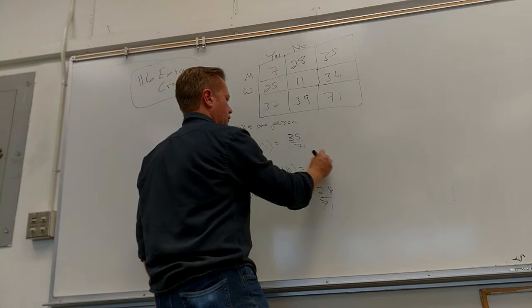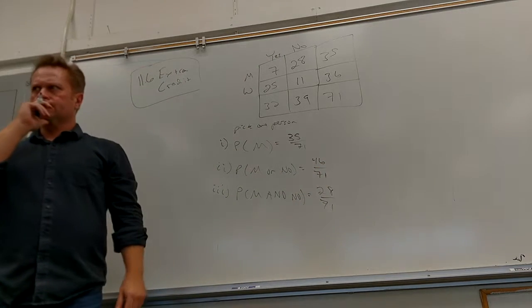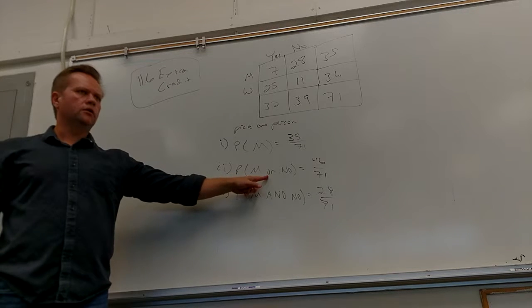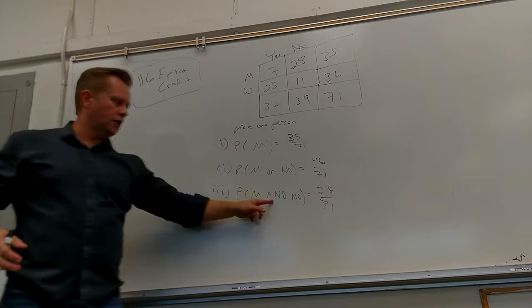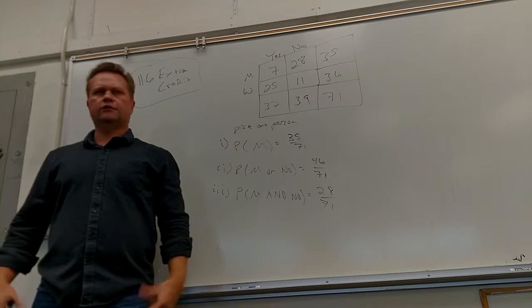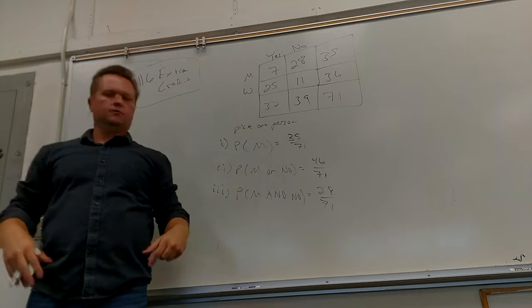Either way you do it, you get 46 out of 71. So or will always make it bigger if it changes it, and and will always make it smaller if it changes it, because it's more restrictive. Or is like, you or you or you, just come on in.